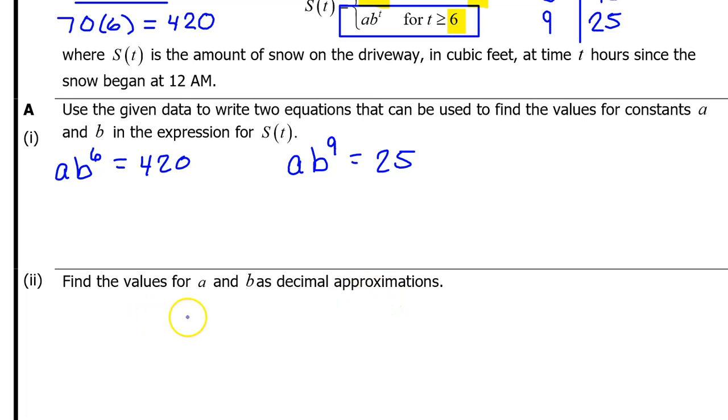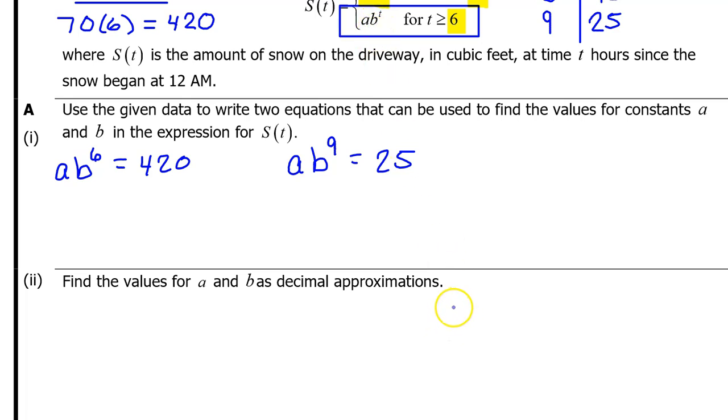The reason why I have to show you how to do it by hand is because you can only do exponential regression when the given model is exactly a times b to the t power. That is what we have, so that's why we can do regression.